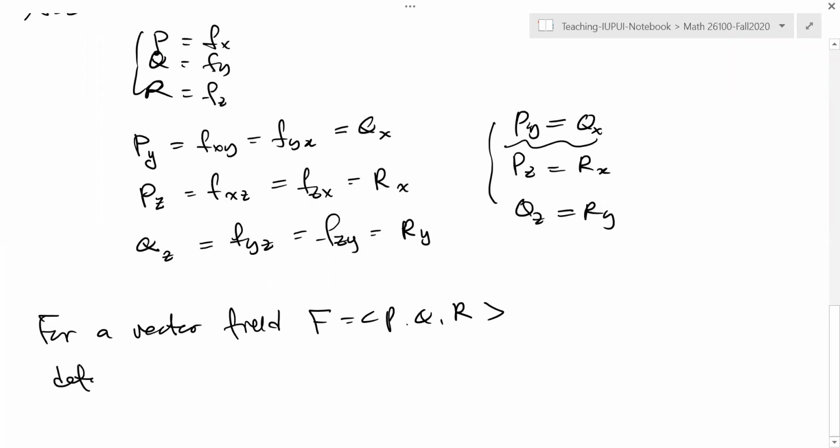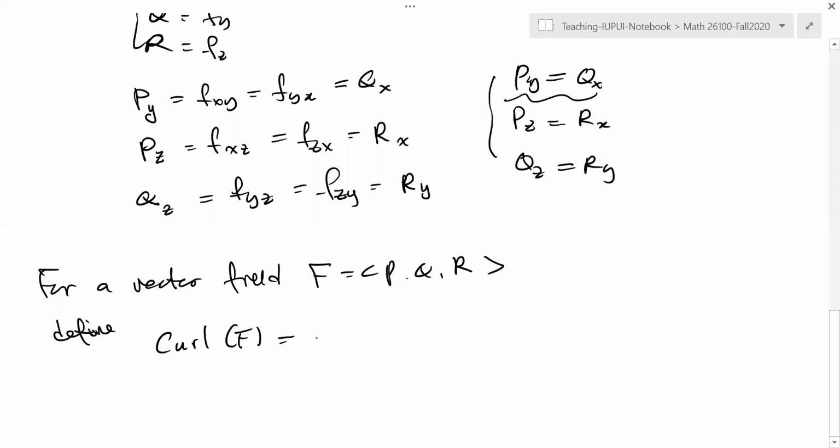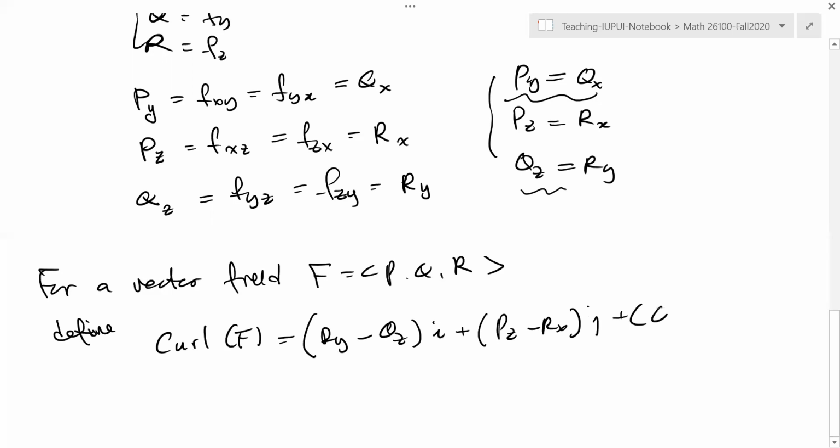I define the curl of F by putting together the first component, using Ry minus Qz, in this order, i, plus Pz minus Rx, j, plus Qx minus Py, k.